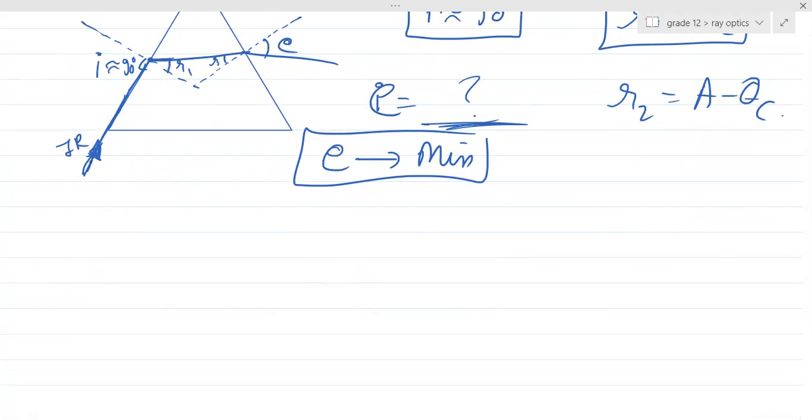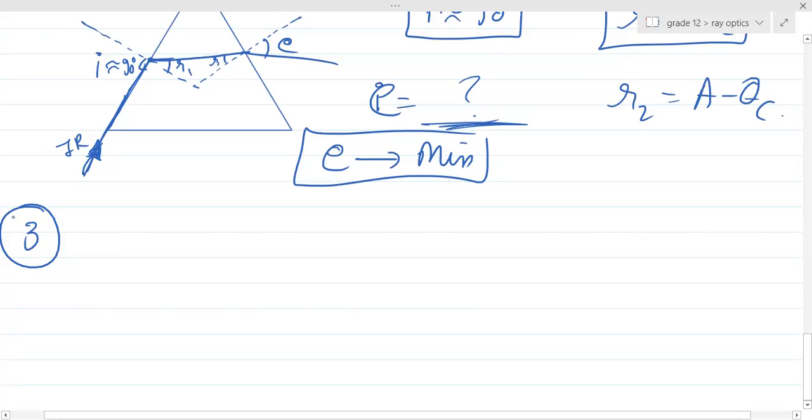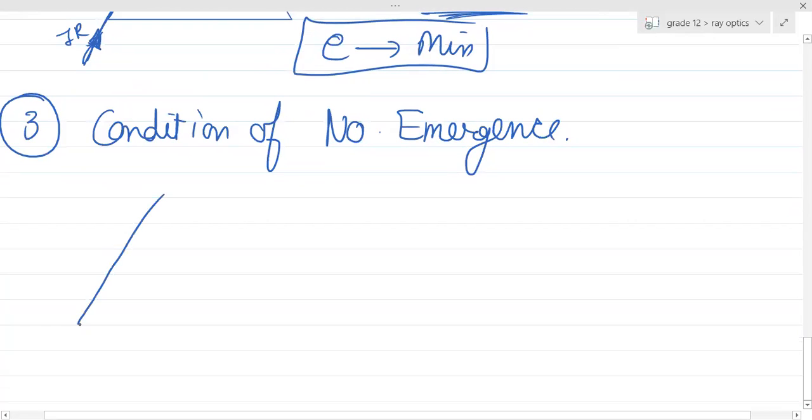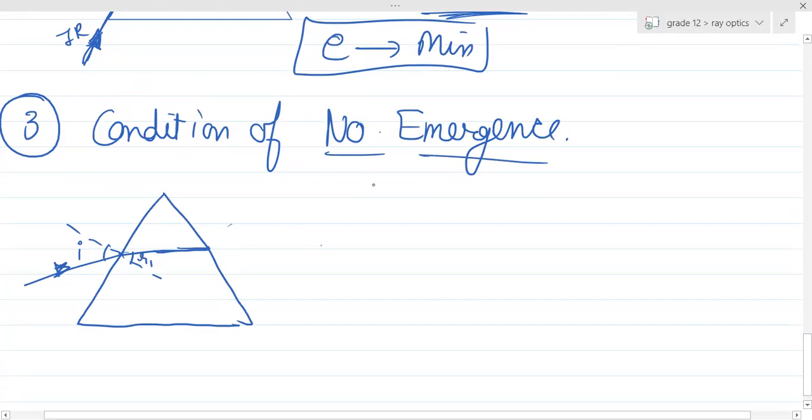Now I have to tell you three more conditions. There is one condition of no emergence, total internal reflection, right? If we talk about the condition of no emergence, that implies if there is a prism on which you have an incident light ray at a certain angle, this light ray goes like this, but you don't want this light ray to emerge out, then only it can be the condition of no emergence, right?